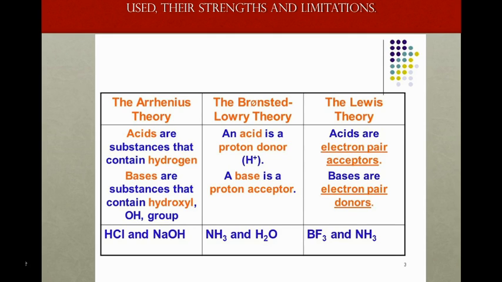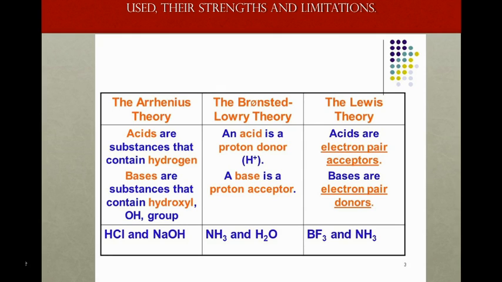The Lewis theory defines acids as electron pair acceptors and bases as electron pair donors. So, let's think about a complex metal ion in terms of electron pair acceptors or electron pair donors. What does a transition metal do to create a dative bond?